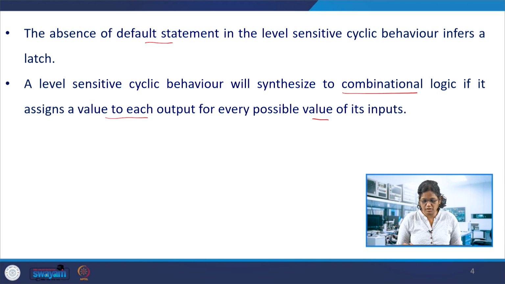If something is missing, that is, A or B or C is in the list but you are not using A inside the always block, then if A changes, what should be the result of that code needs to be specified. So, every possible input combination should have an output in the level sensitive behavior.